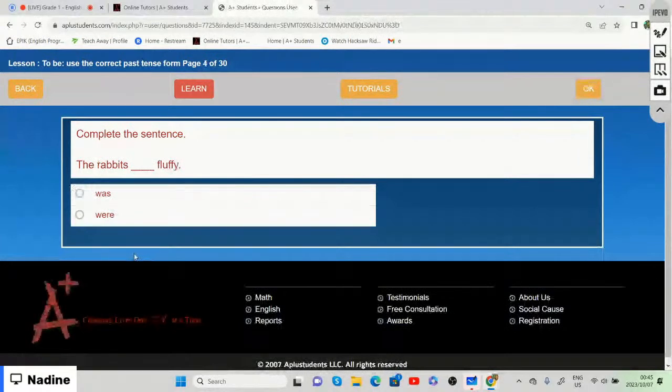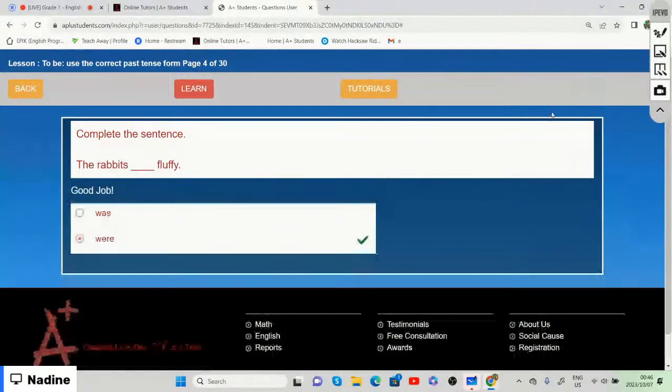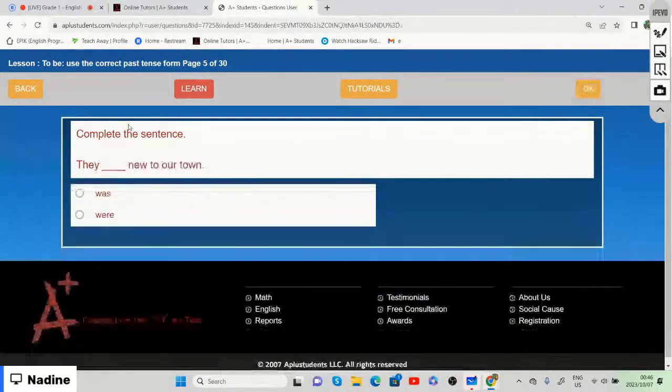This is now referring to more than one animal. And we will then say that the rabbits were fluffy because we're referring to more than one animal. So well done. Good job.